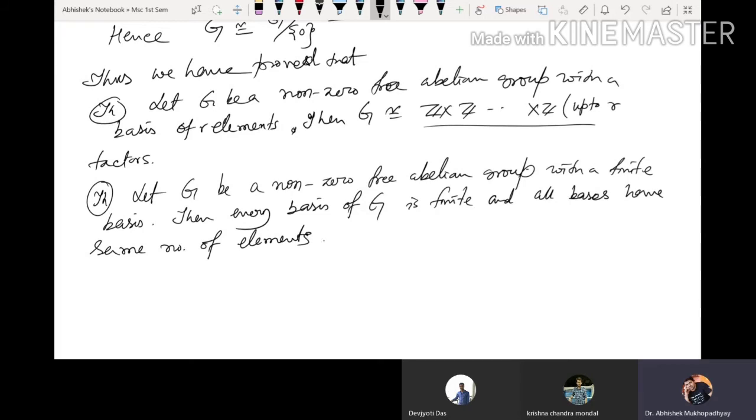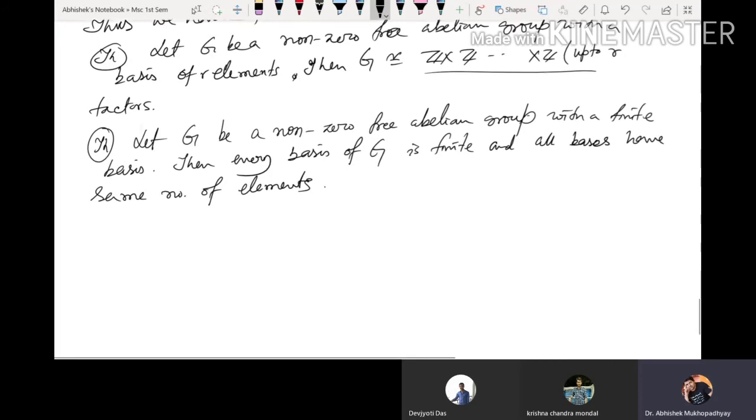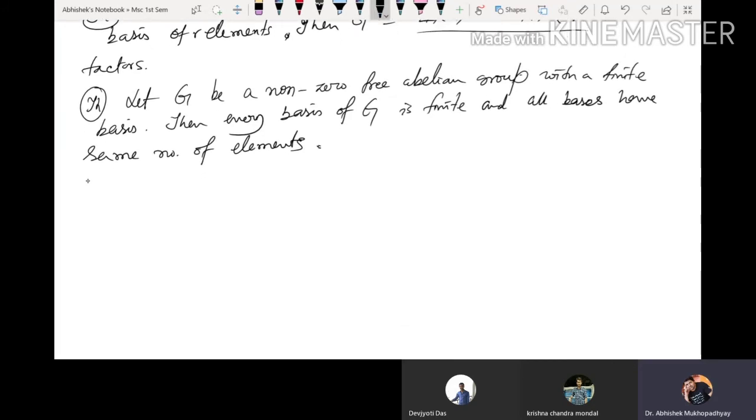So if G is a non-zero free abelian group with a finite basis, then every basis of G must be a finite set and all bases have the same number of elements. So the proof is like that.